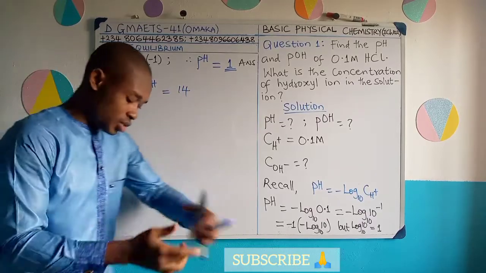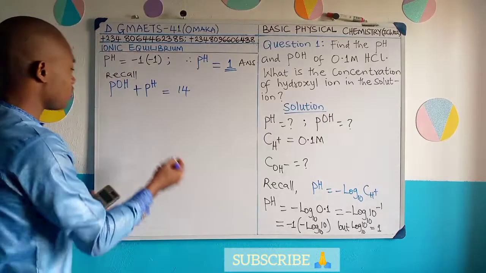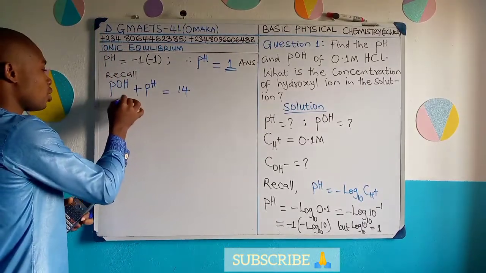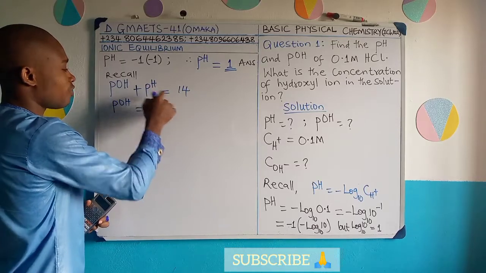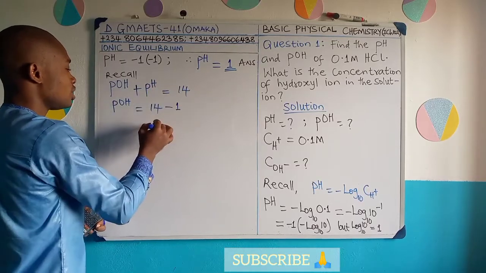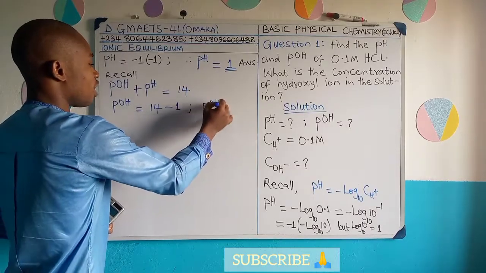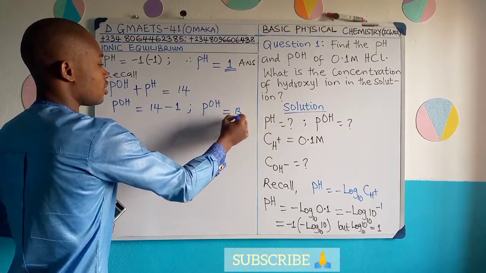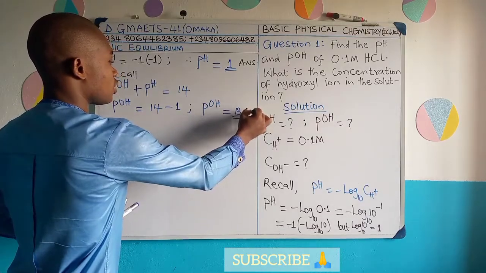We derived this through the ionic product of water. That being the case, we're looking for pOH, which is now going to be equal to 14 minus the value of pH we got, which is 1. And you see that this pOH value is going to be 13. So that's the value of the pOH answer.